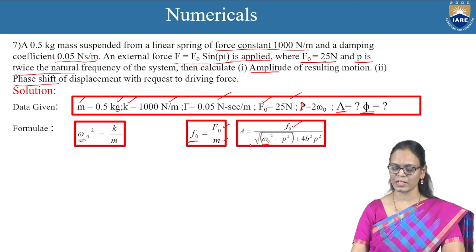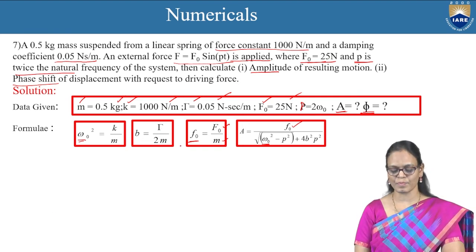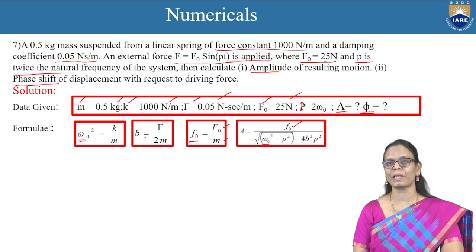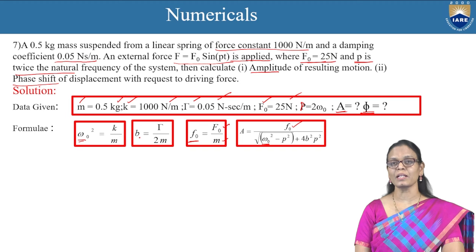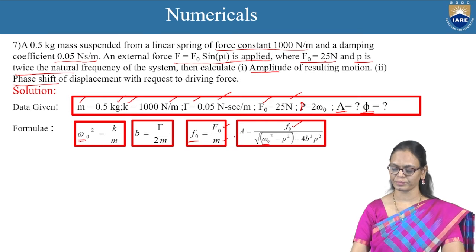And the next thing is b. So b is equal to gamma by 2M. So gamma is given. So we can substitute and get the value of b. So once we get omega naught square, b and f naught, we can substitute in the formula for amplitude and get the value of A.